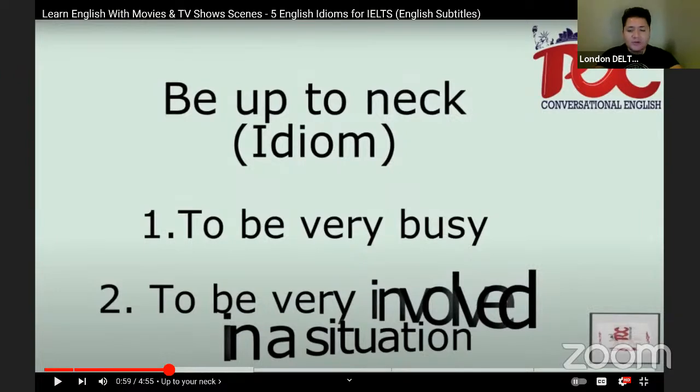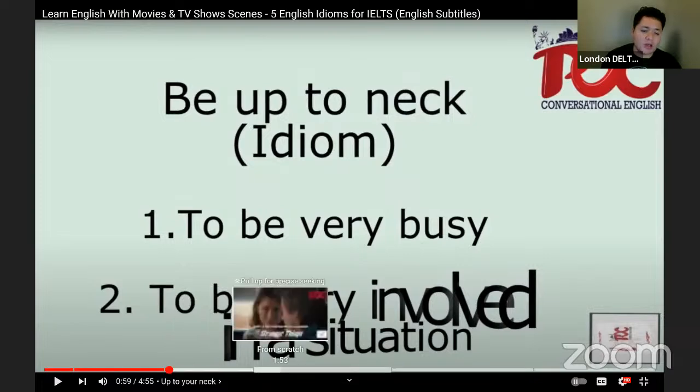Or you can say when you have had enough of a situation, or when you are very involved, all right? Maybe in something illegal, and they say you are up to your neck. That means you are very involved in a not very good situation. Okay, maybe you are in trouble.